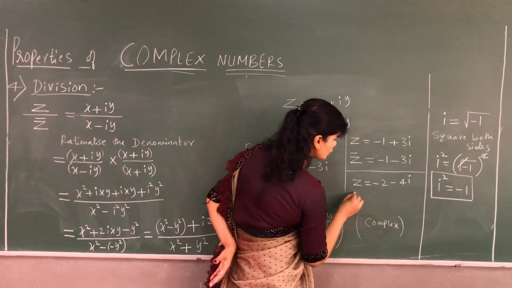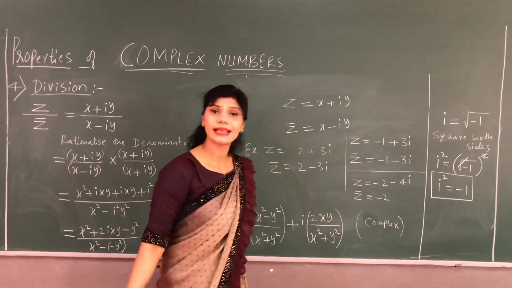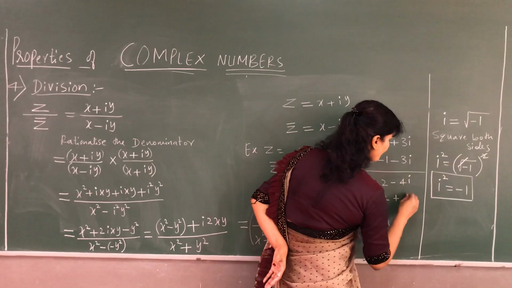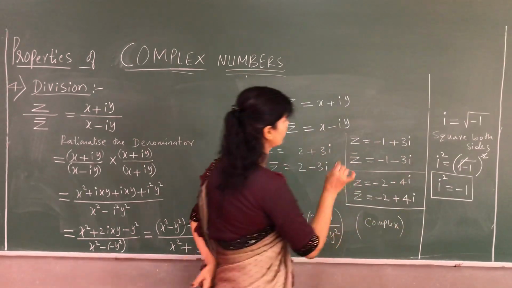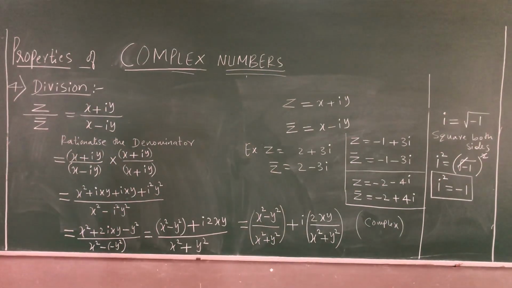Its conjugate: minus 2 remains as it is because it is the real part, and the imaginary part minus 4i becomes plus 4i. Okay students? These are our properties of complex numbers. So let us move on for more properties.